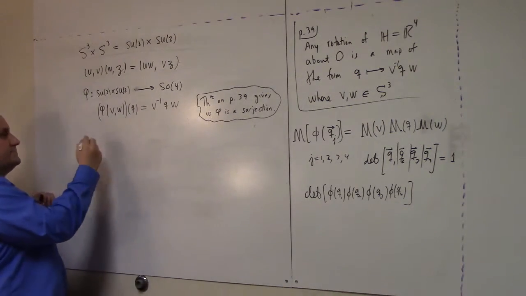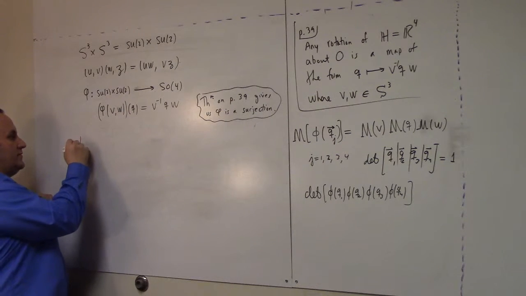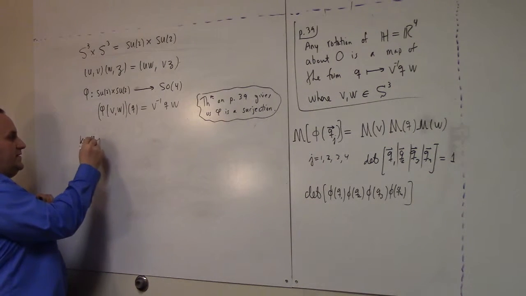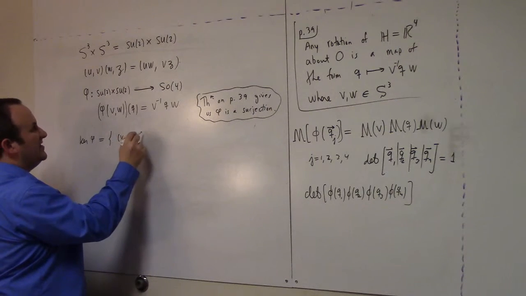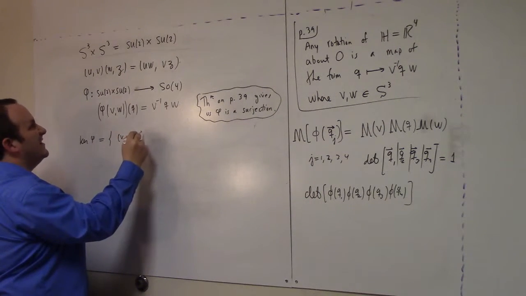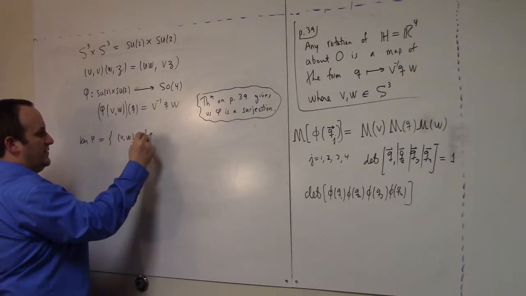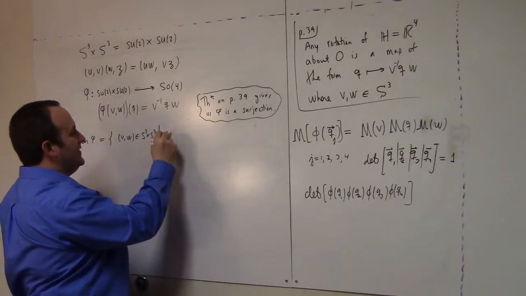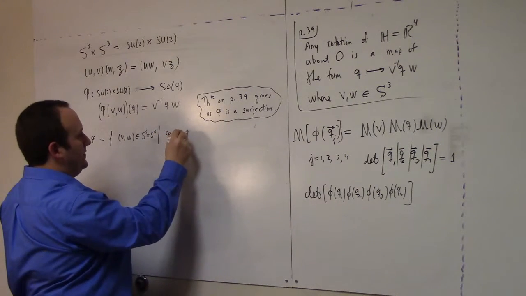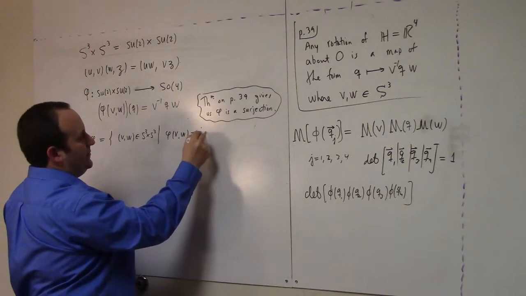Find everything that maps to 1. Right, so the kernel of phi is going to be V and W in S3, because it's less writing, such that phi of V comma W is equal to the identity map, right?